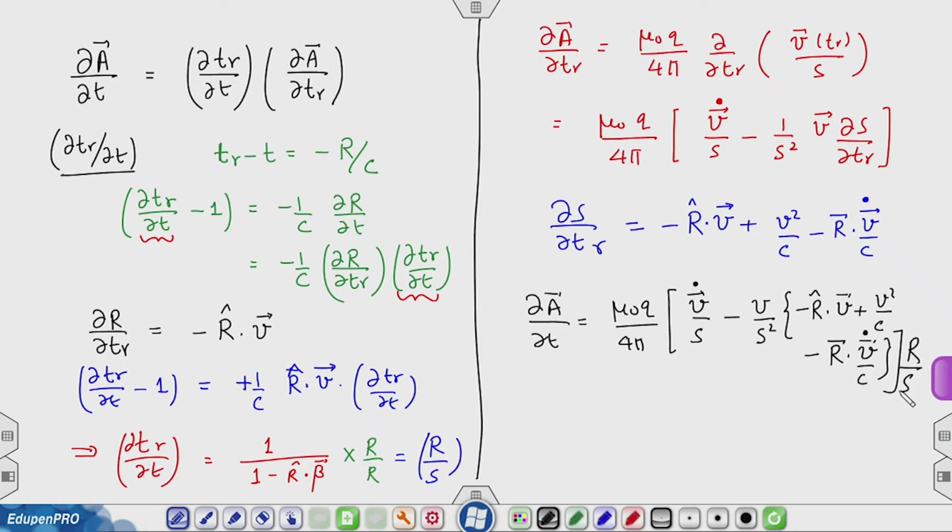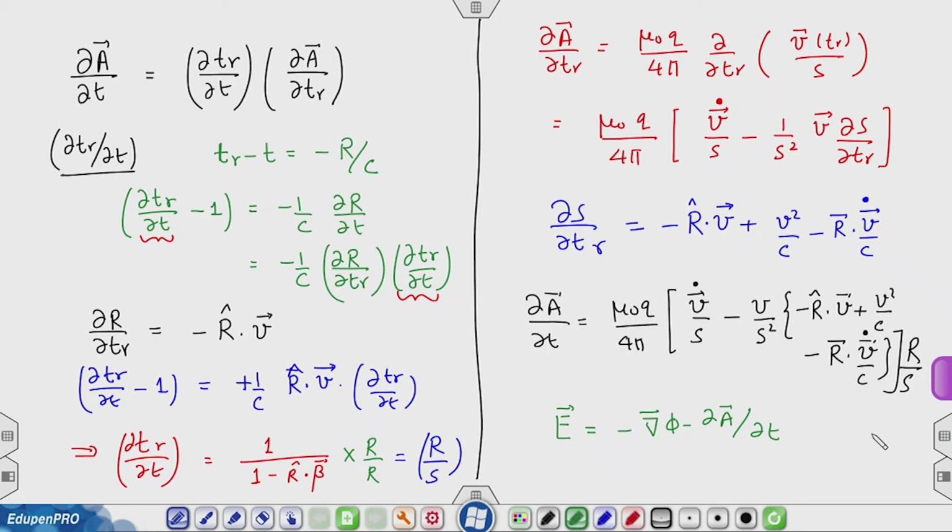So, we have gotten dA dt also, and therefore, the electric field E, which is minus grad phi minus dA dt, can be easily calculated, and I will leave that for you.